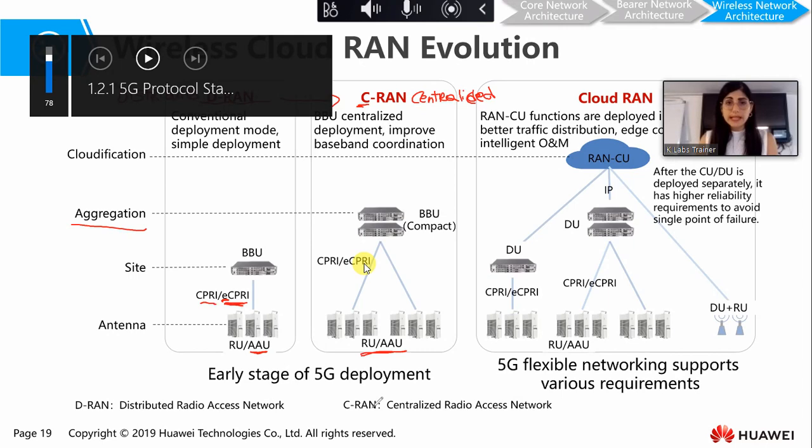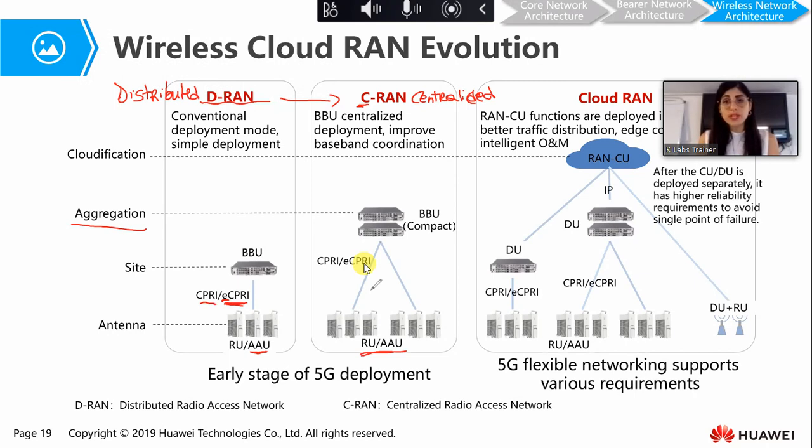In this case, the advantage is that we have flexible resource management, meaning that if we need, for example, more baseband resources, we can use different BBUs that are on our aggregation layer. The protocol for the communication between our RF unit and our baseband unit is still the CPRI or the enhanced CPRI.